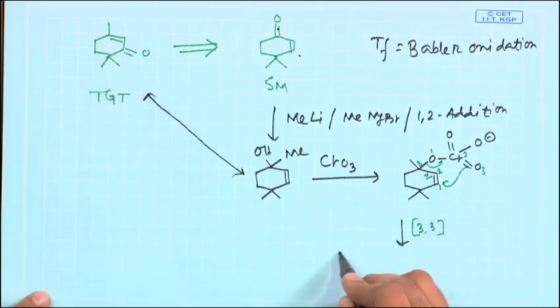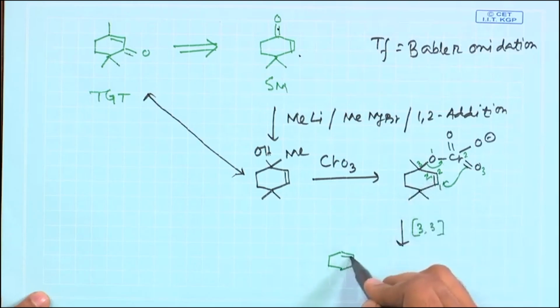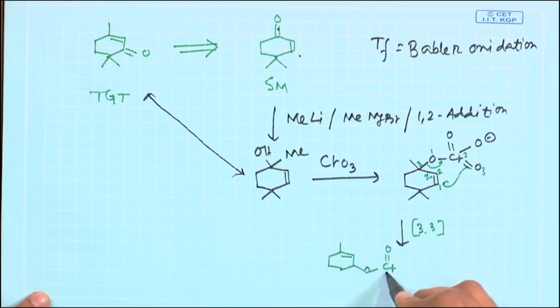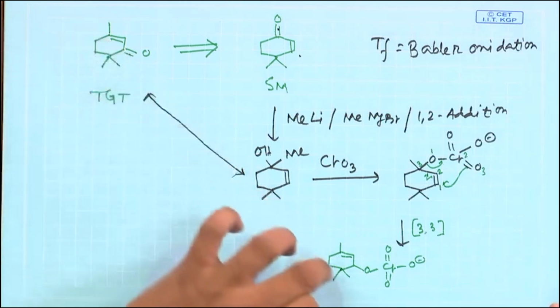So, now you do the oxidative transformation, what will you get? The double bond from this position has now migrated here, and you get an oxygen chromium bond. The remaining part remains the same. Now, see, the framework has been almost achieved.